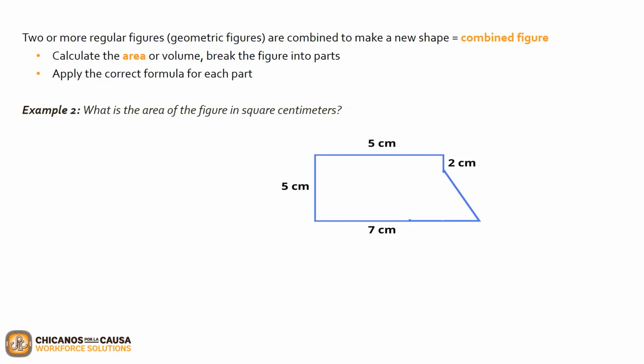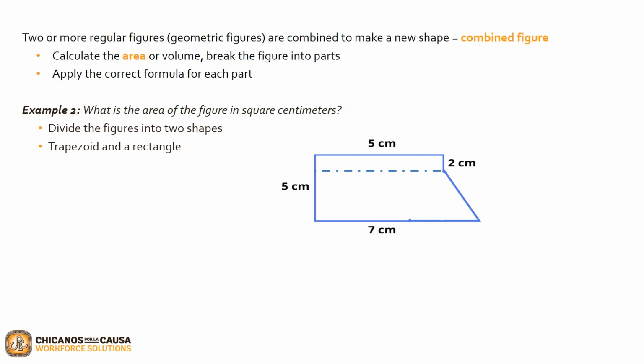The reason why is because the first step in calculating the area is to divide the figure into 2 shapes. So for example, in this figure here, for example 2, we divided the shape into 2 different shapes. We get a rectangle and a trapezoid. The rectangle is the top shape and the trapezoid is the bottom shape.